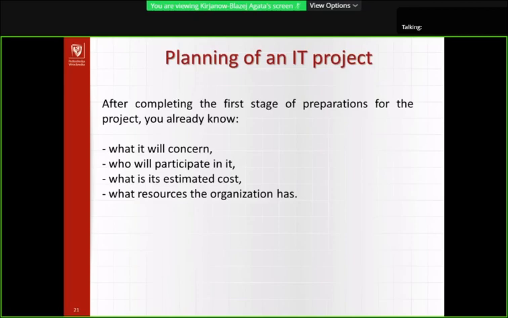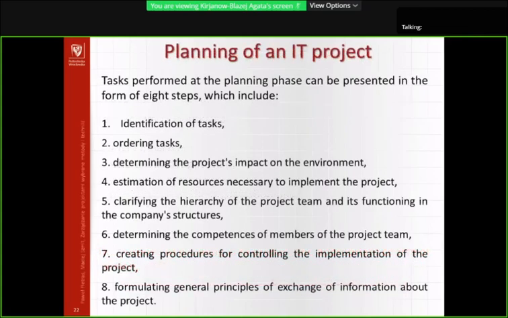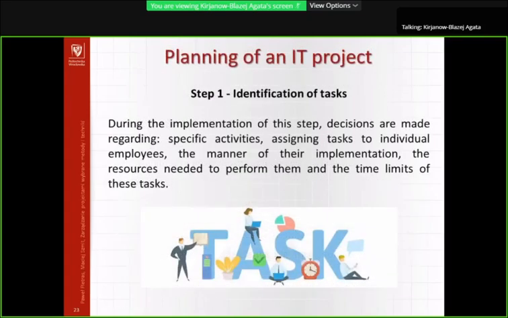The purpose of planning is to prepare the appropriate course of action, and its quality determines to a large extent complete undisturbed communication between all stakeholders. The tasks performed at the planning phase can be presented in the form of 8 steps, and I will tell you more about each of these steps.